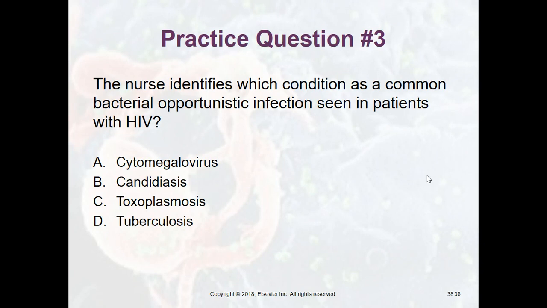So a common bacterial opportunistic infection seen in patients with HIV happens to be tuberculosis because it's a bacterial infection. Cytomegalovirus is a virus, candidiasis is a fungal infection, and toxoplasmosis is actually a protozoal infection. So the bacterial infection is tuberculosis.